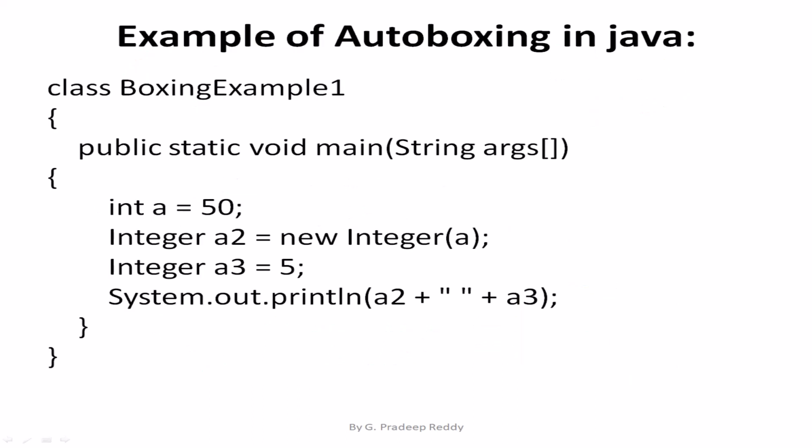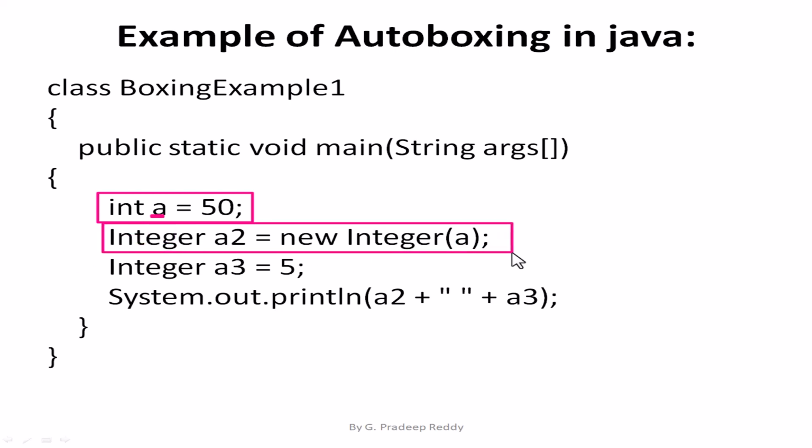Let us see the example of autoboxing in Java. Here, whatever we have discussed previously, we are going to define with particular values. Here int a equal to 50, so a is holding the value 50. Now you write the wrapper class object: Integer a2 equal to new Integer(a). a is holding the value 50, so 50 will be passed as an object to a2.